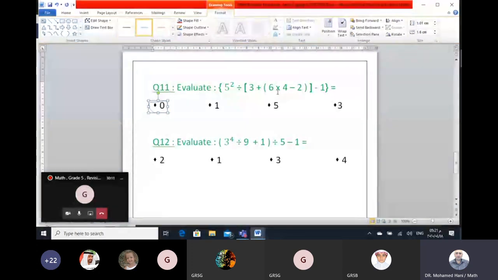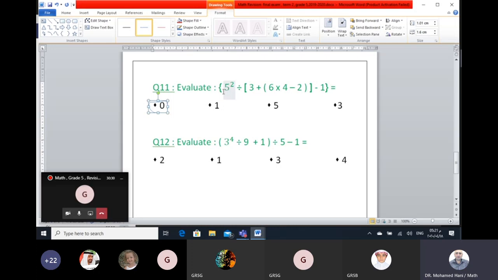The order is multiplication first: 6 multiplied by 4 is 24. Then we have minus 2: 24 minus 2 is 22. Now we have plus 3: 22 plus 3 is 25. So the value here is 25.